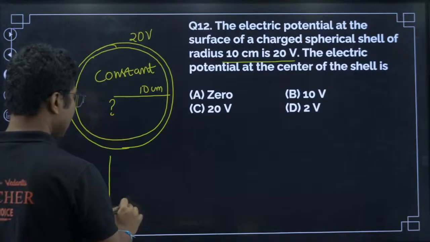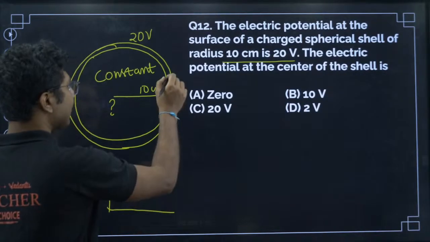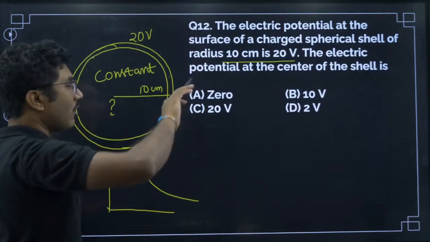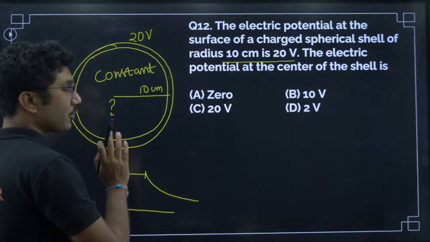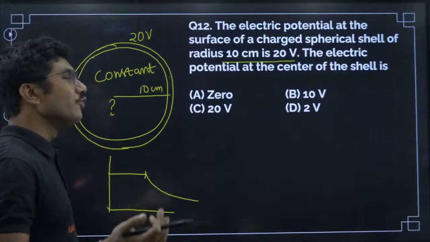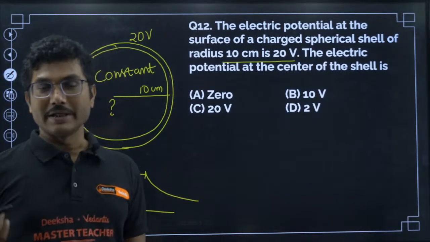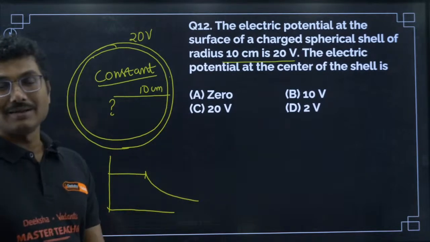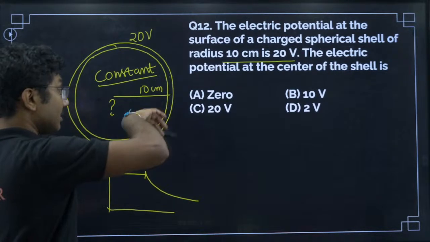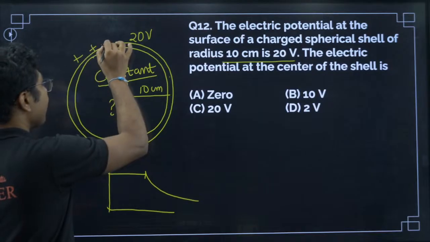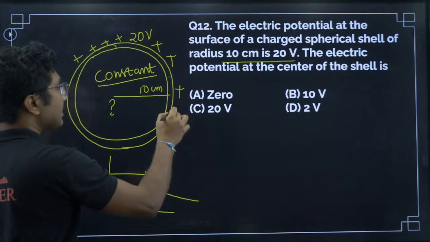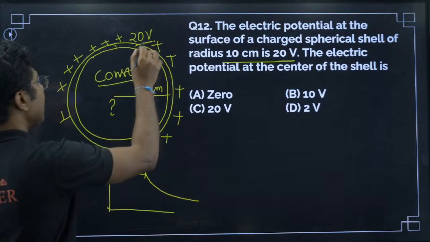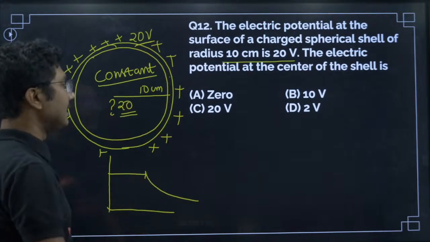So the electric field is 0 up to the surface. After the surface, it decreases. So inside the shell or conducting sphere, electric potential is constant. Electric potential does vary if the sphere is a dielectric sphere, but if it is a conducting sphere or a shell where charges reside only on the surface, the electric potential inside is constant, it is not 0, and whatever the value is on the surface, the same value will be at the center as well.